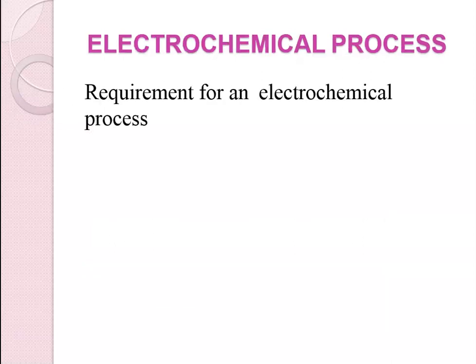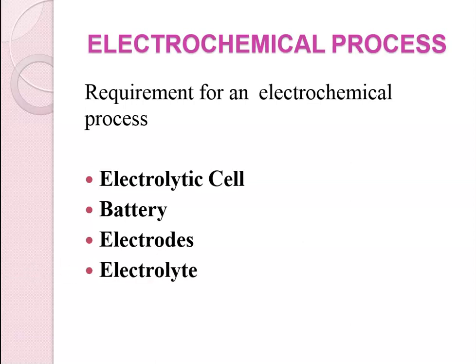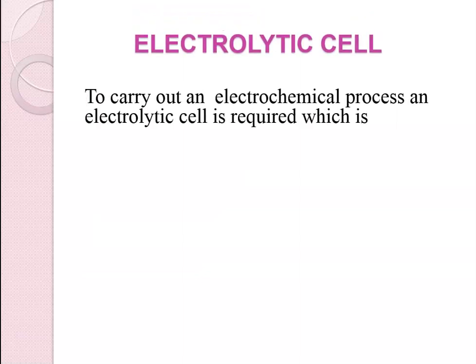Let us see what you require to carry out an electrochemical process. You require an electrolytic cell, a battery, electrodes, and electrolyte. What is an electrolytic cell?